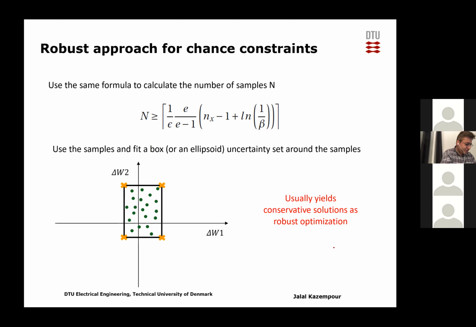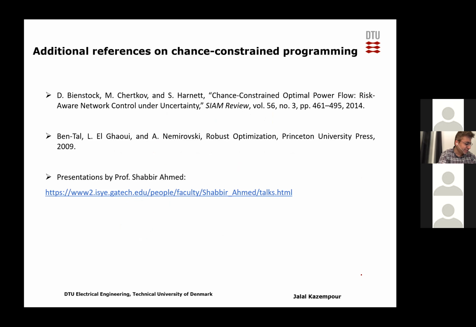Okay, but remember, I'm not saying that the solution of stochastic and robust will be the same. Usually, the robust optimization provides a more conservative solution for chance constraint. If you'd like to read more about chance constraint, I think it's a very interesting technique. I found this paper very nice from Daniel Bienstock, Misha Chertkov, and Harnet.